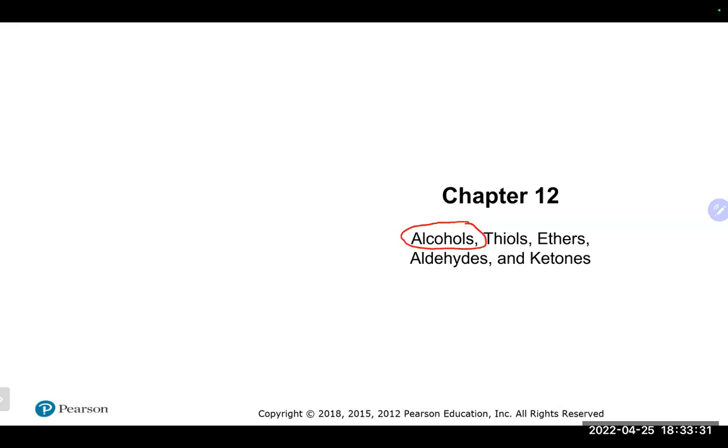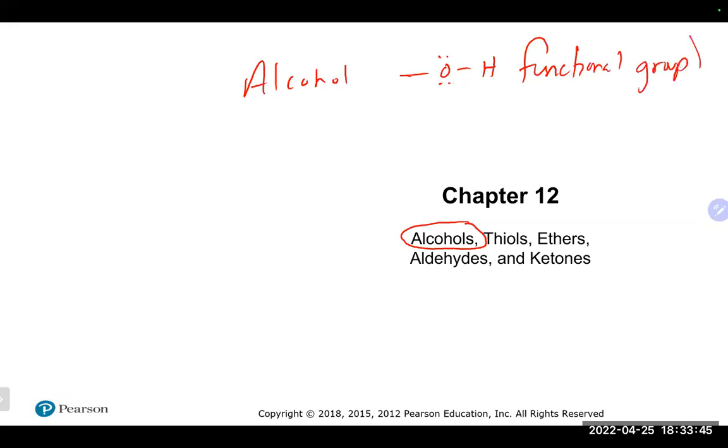So alcohols are another organic group. They have a functional group, the OH group. That OH group is an important group because it is, like we talked about with bonding, a polar group, partially negative on the oxygen, partially positive on the hydrogen.